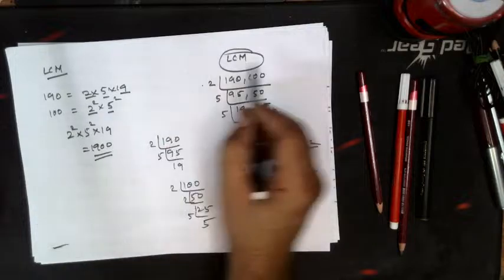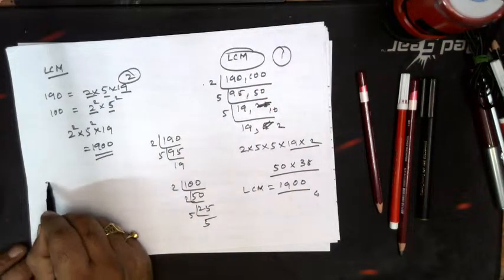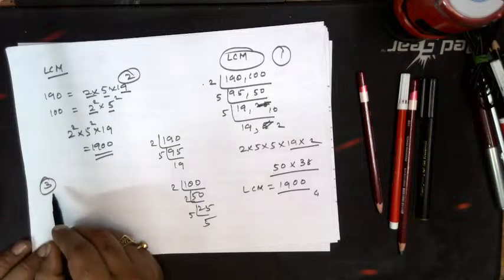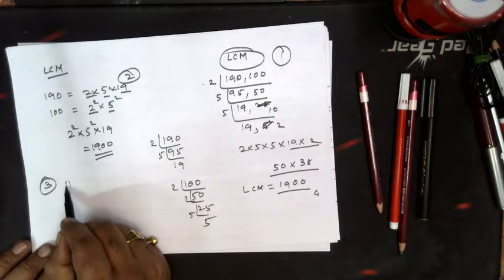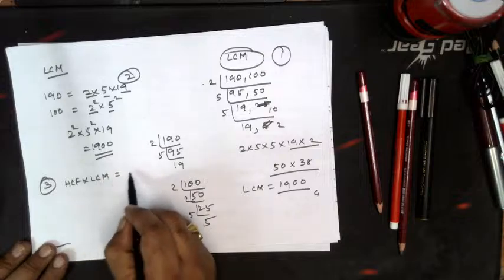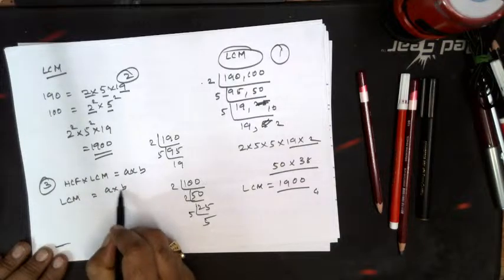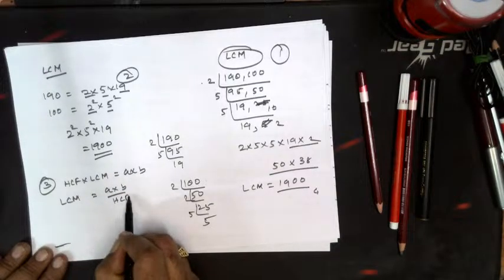So this is the first method, the second method. The third method is you can make use of this equation, that is HCF into LCM is equal to A into B. We are interested in finding the LCM. Therefore A into B divided by HCF. Do you understand?